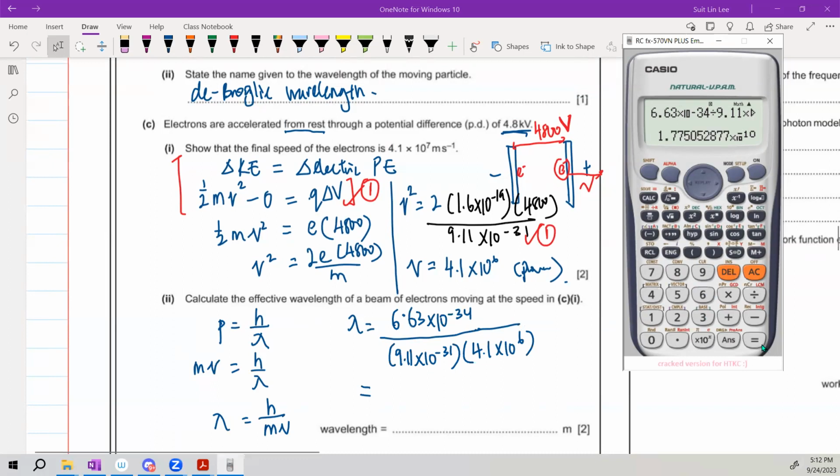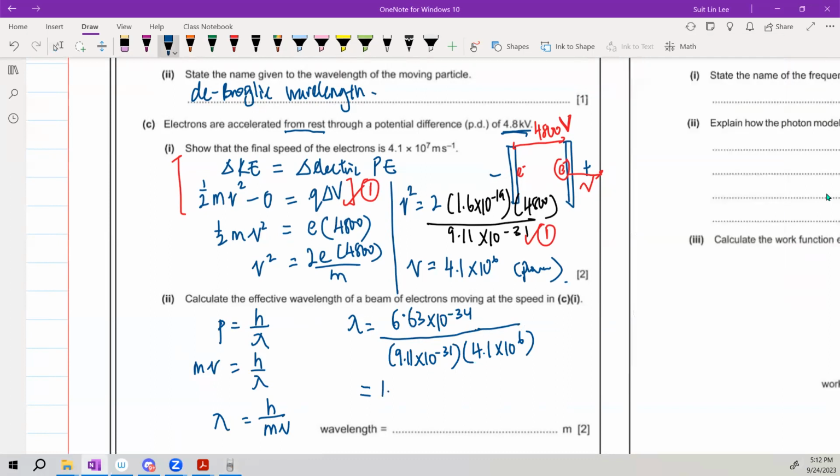Okay, this one is, check. Okay, so 1.78 times 10 to the power negative 10. They did put 2 SF, so if you want to, you can write in 2 SF.